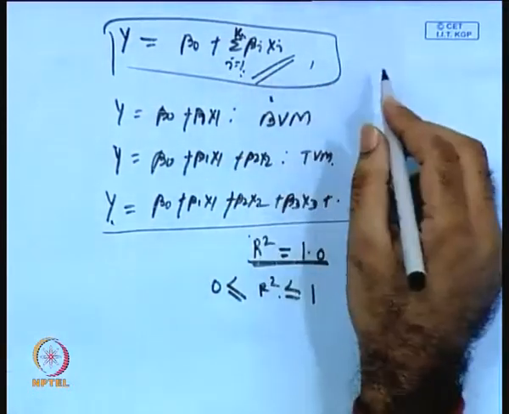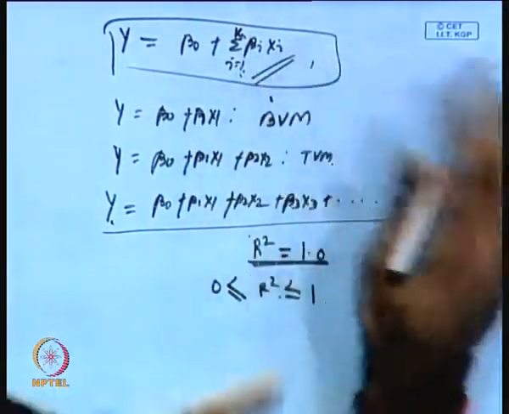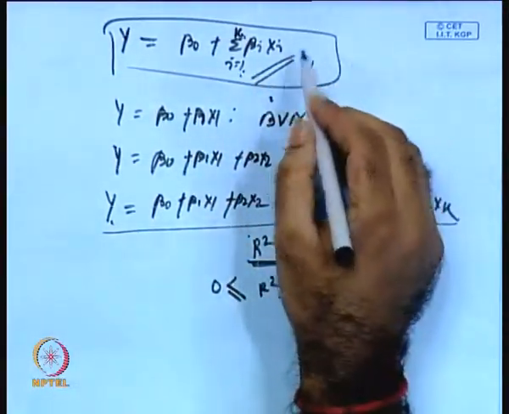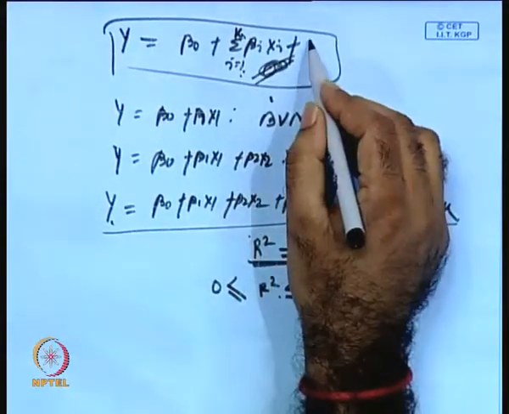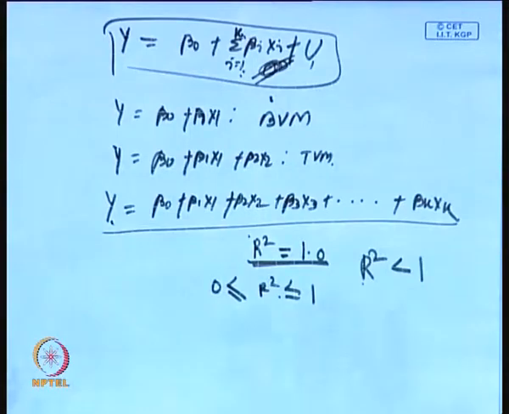Now the starting point, the briefing of this multivariate econometric modeling, is like this, where i equals 1 to k, and the problem setup is like this. If you represent it as an econometric model, then there should be an error term. Otherwise, if you just simply write beta 0 plus summation beta i x i, then it is just a mathematical equation, a mathematical model only.